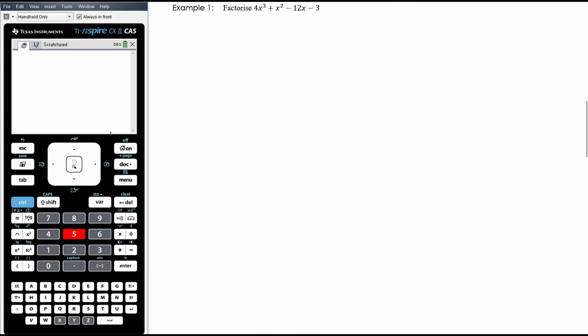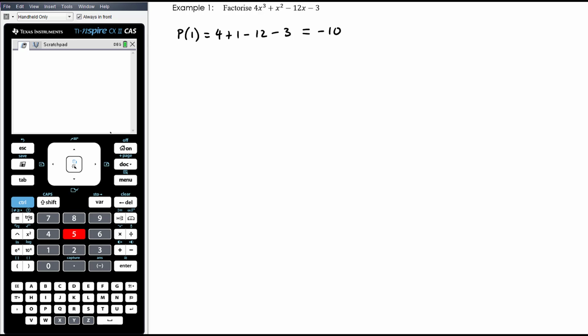Okay, let's just work through 2 examples. So we want to factorise this. The first thing we're going to do is try and use the factor theorem. And we know it's going to have to be a number that goes into 3. So we would try p of 1. That's going to be 4 plus 1 minus 12 minus 3. So that is 5, negative 7, negative 10, I think.